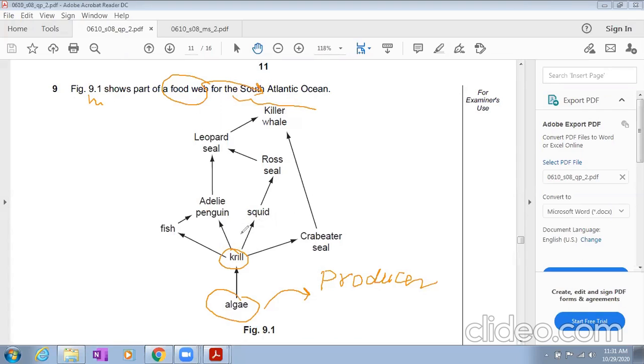From here above, all are carnivores; they are eating meat. So let's see the questions. What are the questions we have?